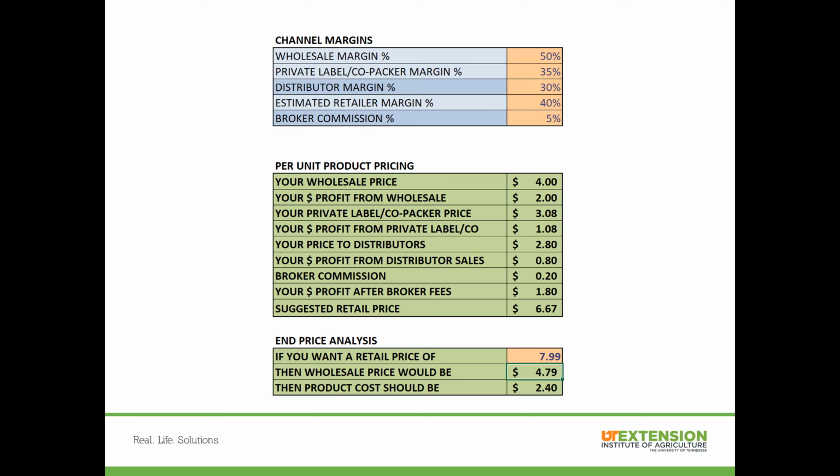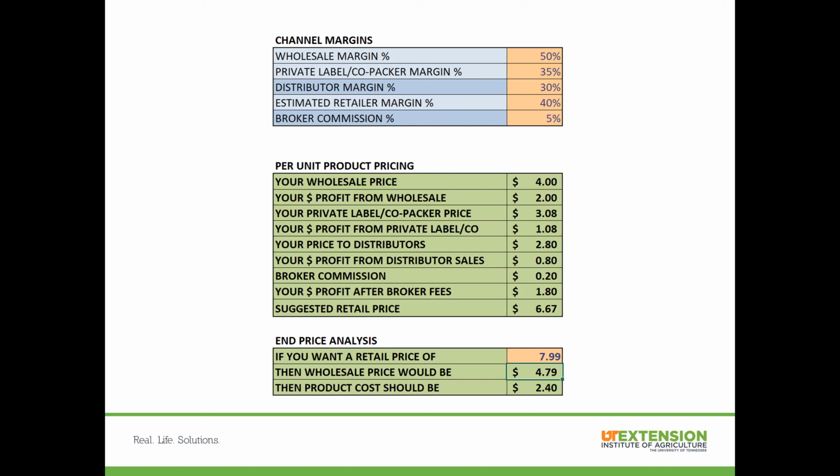Any other questions, comments? Really good. Yeah, there is a difference in margin and markup. Exactly. And I think what was being mentioned in the chat box is more of a markup rather than a margin like this spreadsheet is calculating.